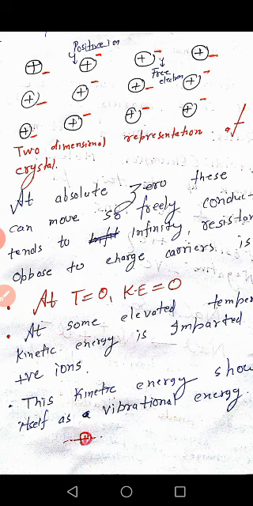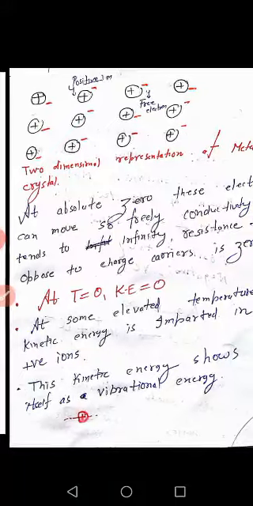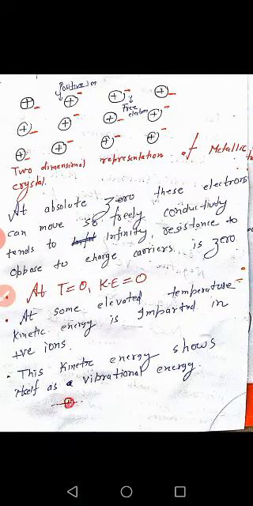So at absolute zero, these electrons can move so freely, so the conductivity tends to infinity. Resistance to oppose the charge carrier is zero.